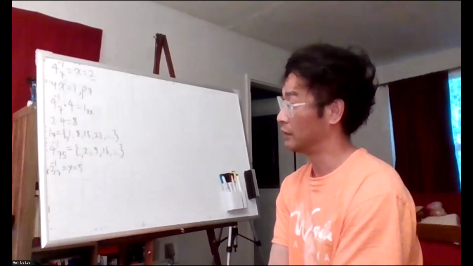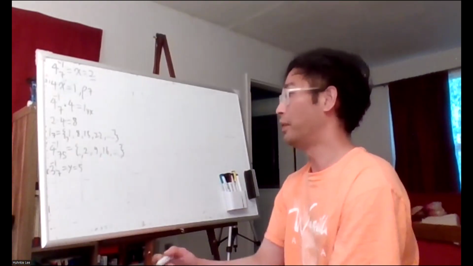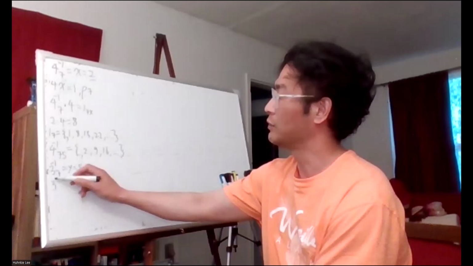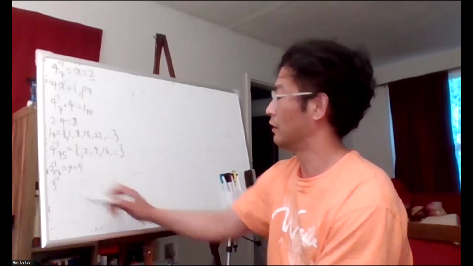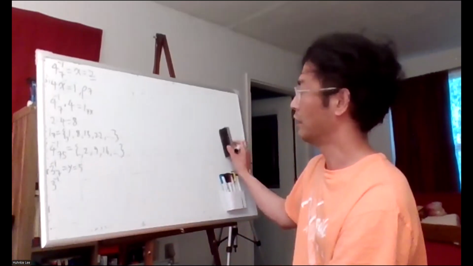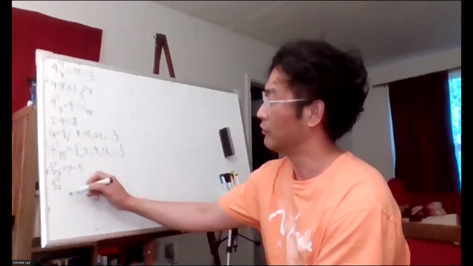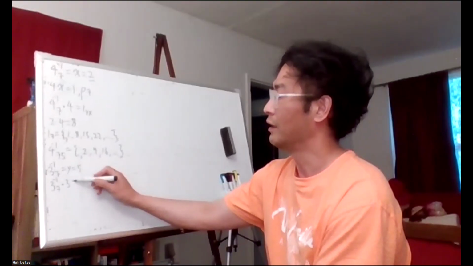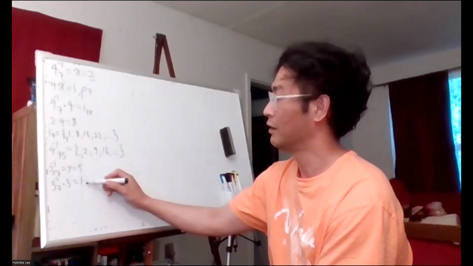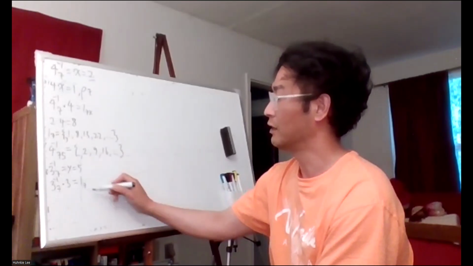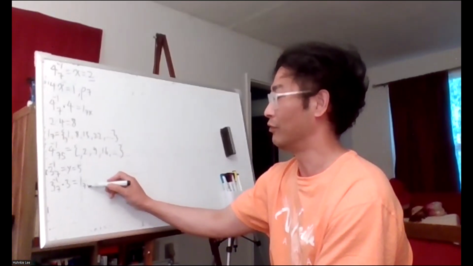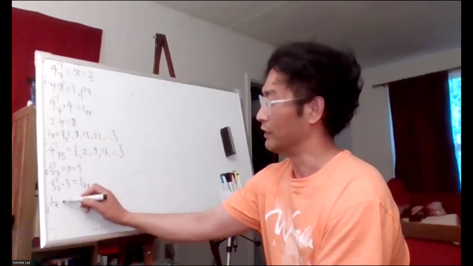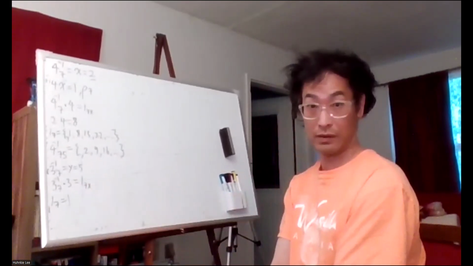But 3 inverse 7, which is 5, times 3 is 1 row 7, but it has to be 1 row 7x because 1 row 7 is 1.